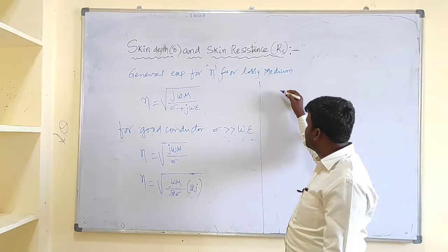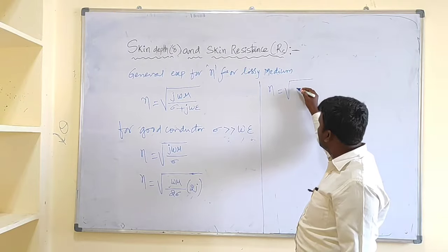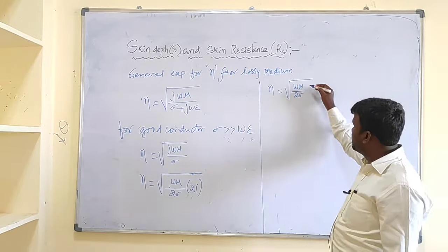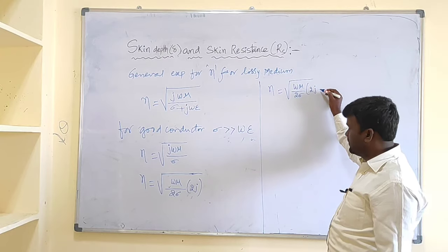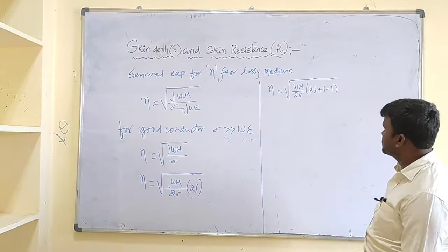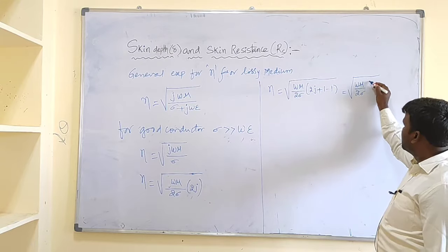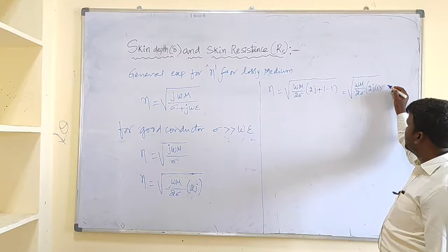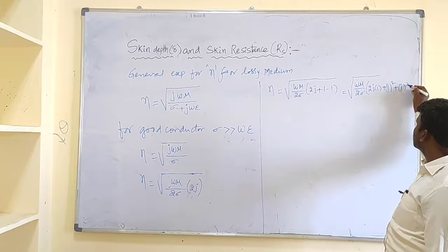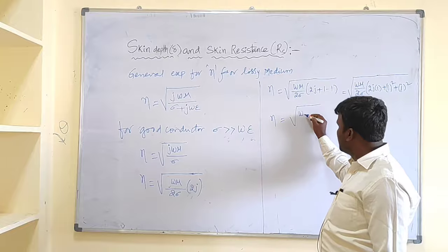Now we can write eta equal to the square root of omega mu by 2 sigma into 2j, and add and subtract 1; there is no change in the expression, that is 1 minus 1. The 2j can be written as 2j into 1 plus 1, and minus 1 can be written as j square, since j square is minus 1. Now eta is the square root of omega mu by 2 sigma times the bracket.